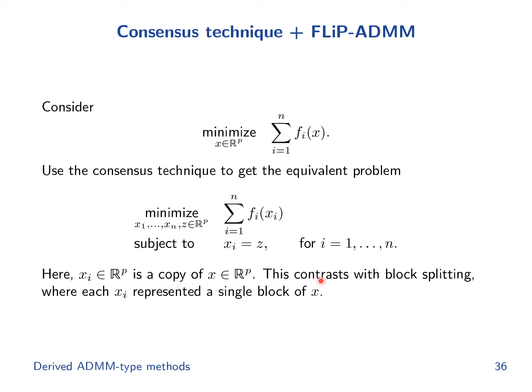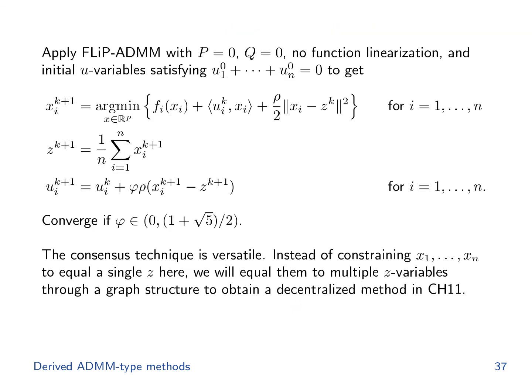And this is different from what we had in the last few slides, where x_i represents a subvector or a block of x. Apply FLIP-ADMM with this choice of matrices, no function linearization, and initial u variables satisfying their sum equal to 0 to get this update.